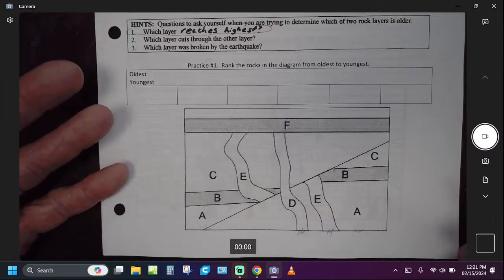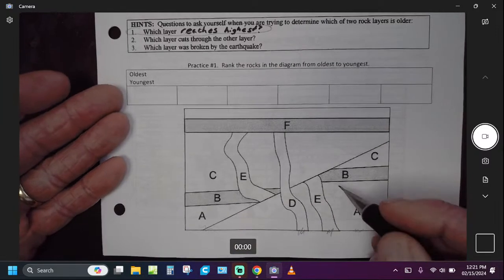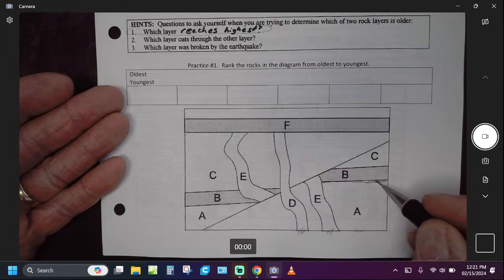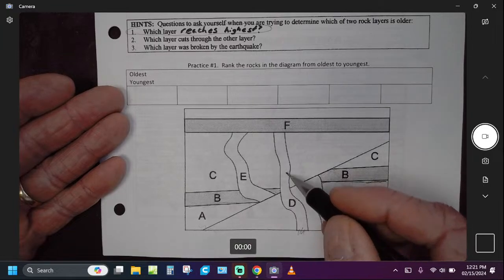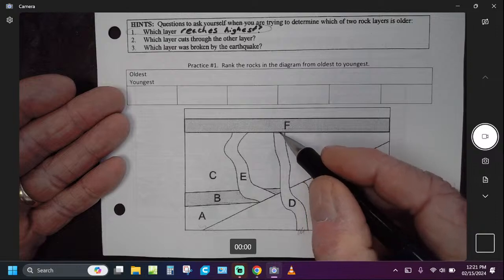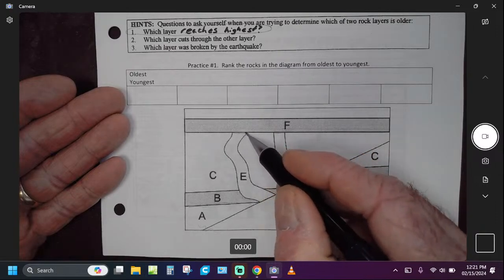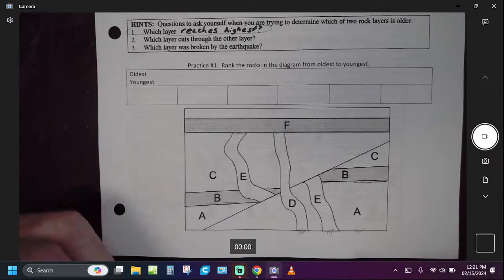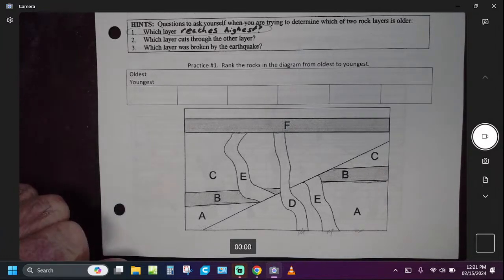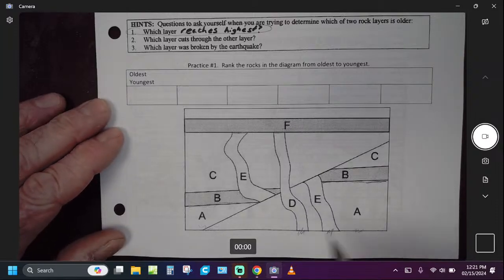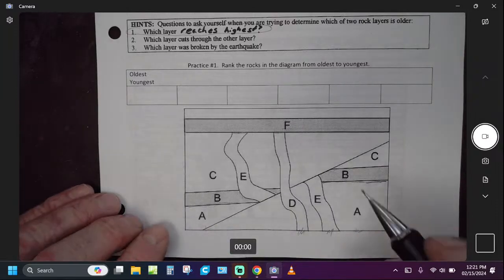So they could all be really old. But if I look at the top of each of them, D goes all the way up to there, E goes all the way up to there. So the one that reaches the least high of those three would be what? A. So A is the oldest thing here. It's the lowest thing in the picture.